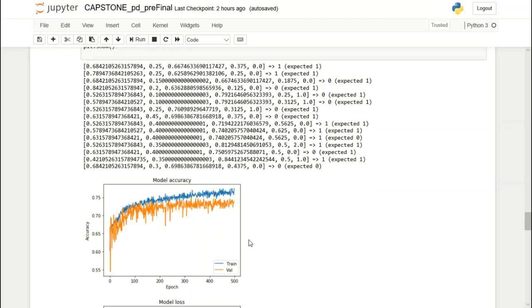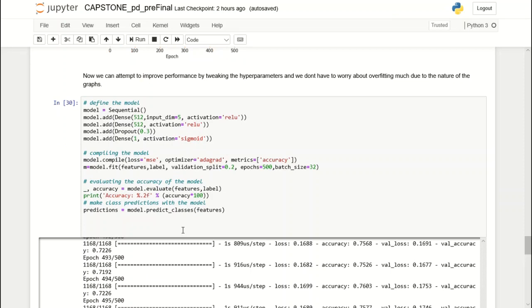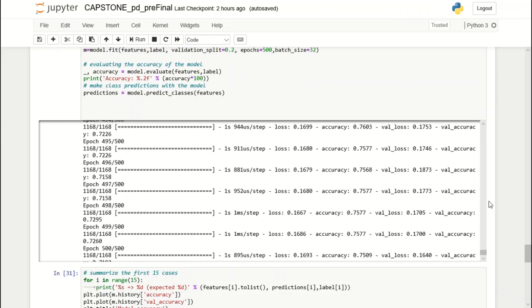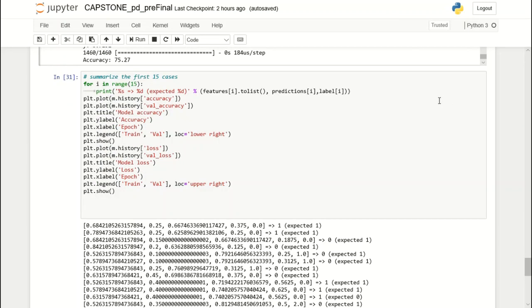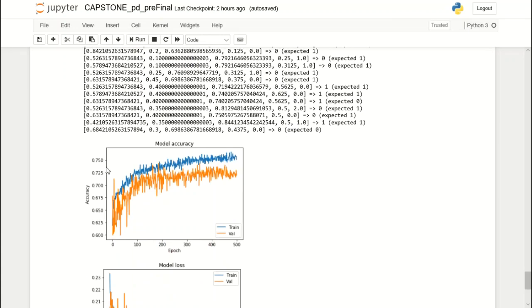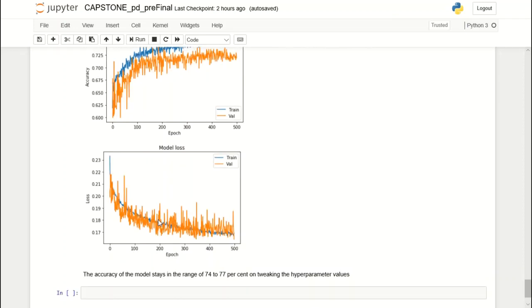Then we can tweak the values for our model, such as different values for epochs, batch size, layers, and number of nodes in each layer, and there won't be a lot of change in accuracy. This set of hyperparameters gives 75.27%, but the performance in the graph is almost similar.